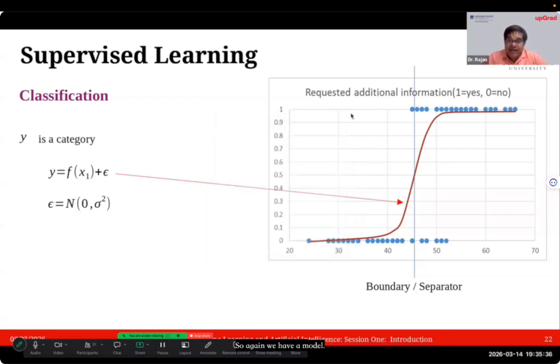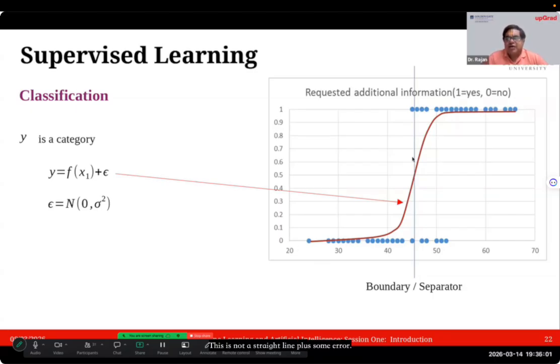So again, we have a model. What is a model? Y, whatever is on the vertical axis, is modeled as f of x. Now that f of x is a non-linear function, that is this red line or maroon line. This is an extremely non-linear function. This is not a straight line.